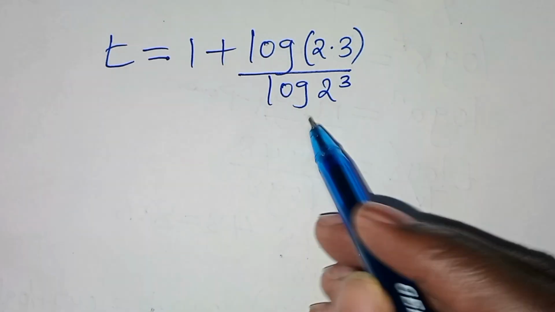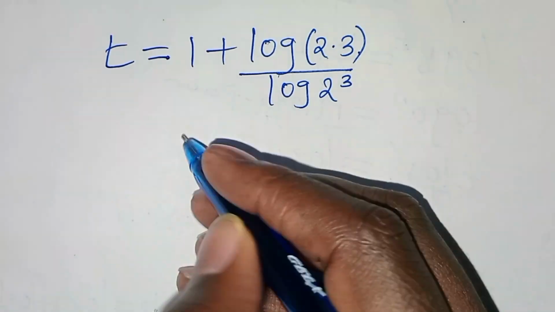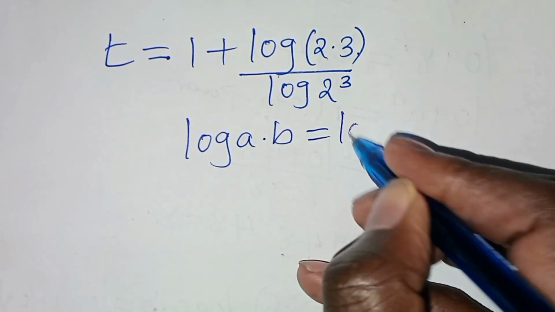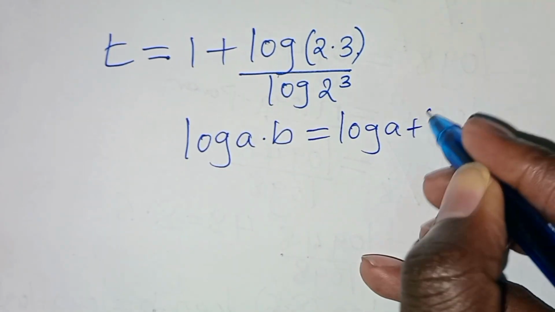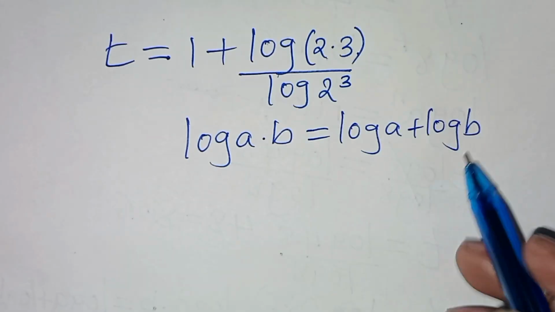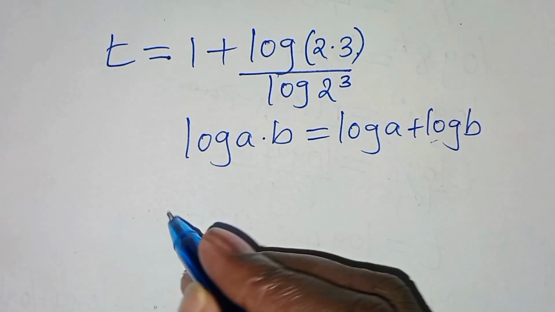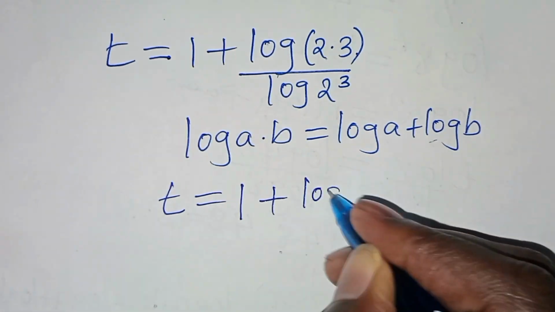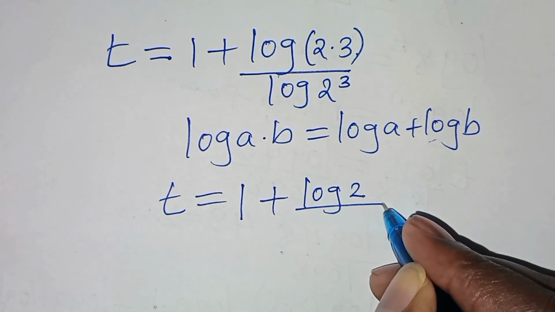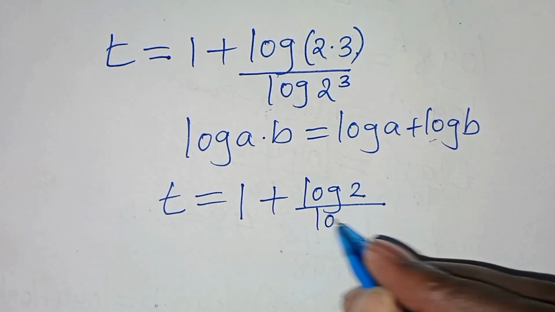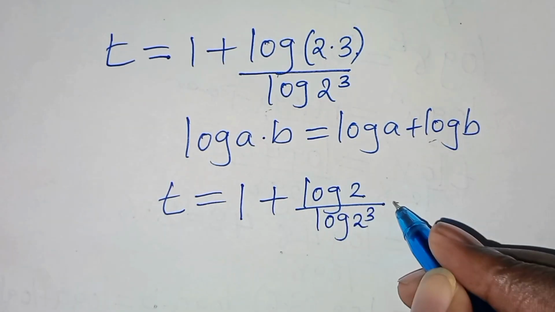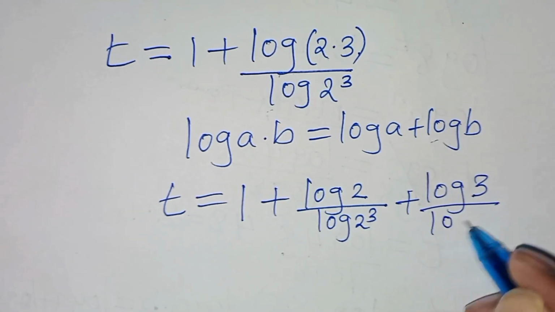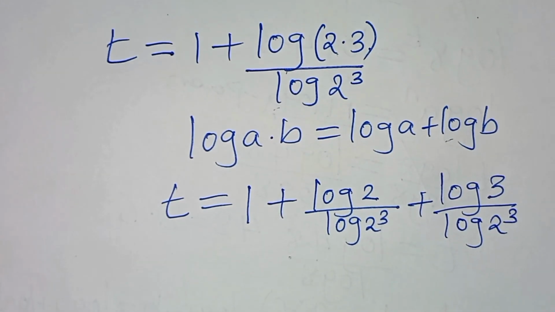Here we have log of 2 times 3, which is in the form of log a times b, which we can express again as log a plus log b. So t is equal to 1 plus log 2 divided by log 2 to the power 3, plus log 3 divided by log 2 to the power 3.